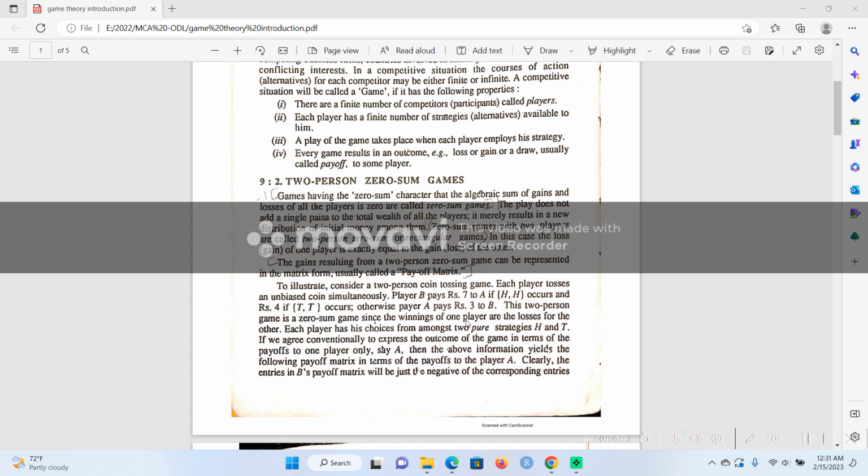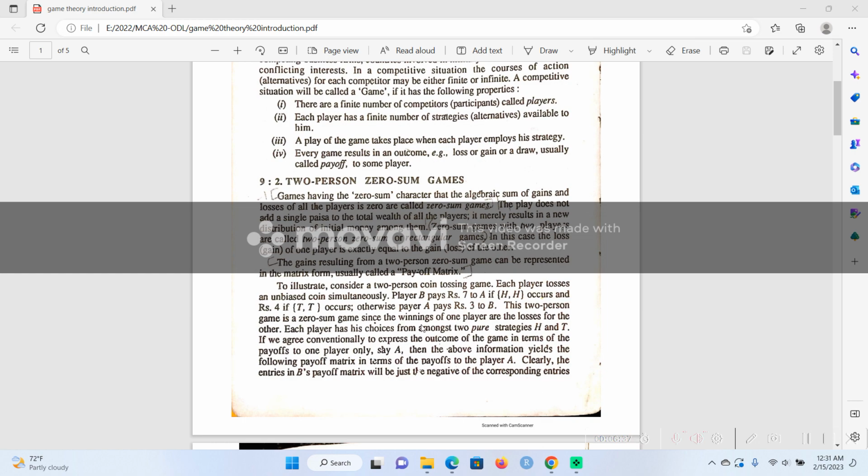This is a two-person zero-sum game, since A wins 7 rupees, which automatically means B loses 7 rupees. The algebraic sum of gain and loss is 7 minus 7, which is 0. So it is a two-person zero-sum game.